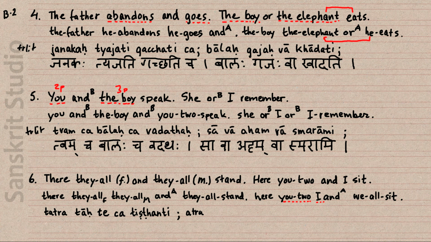So atra, we have yuvam, you two, and then I have aham and another cha, and we all sit, so we have sidati, but for first person plural, so sidamaha should be correct.